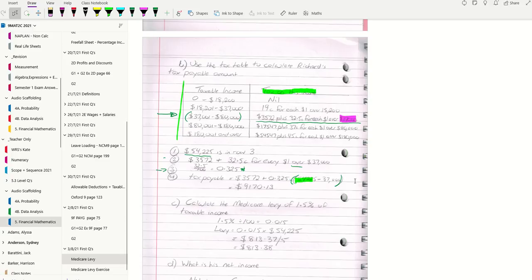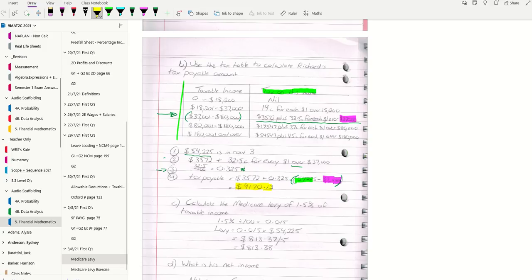Putting all that into our calculator, the whole thing gives us $9,170.13. So that is our tax payable, how much tax we owe for the year.